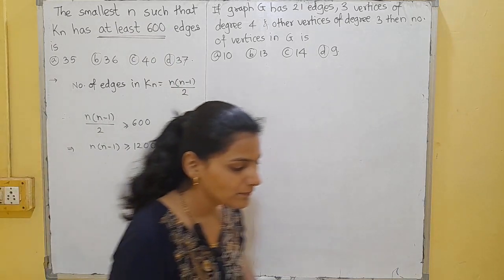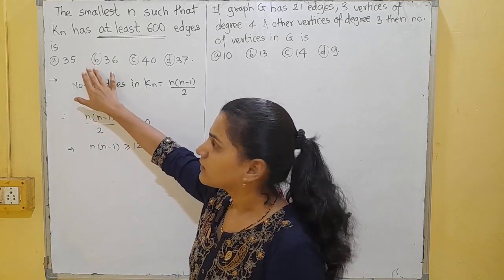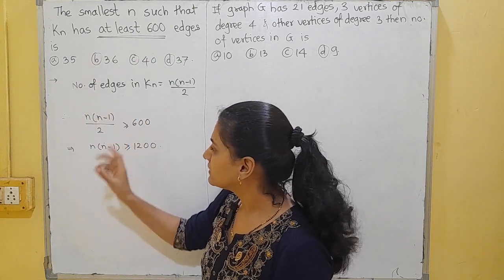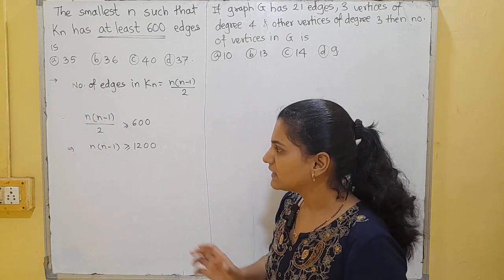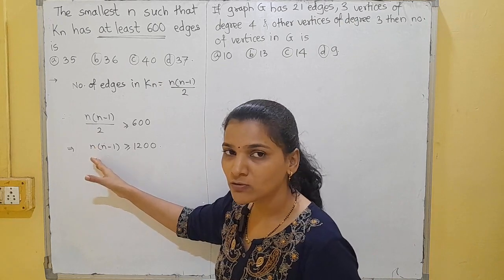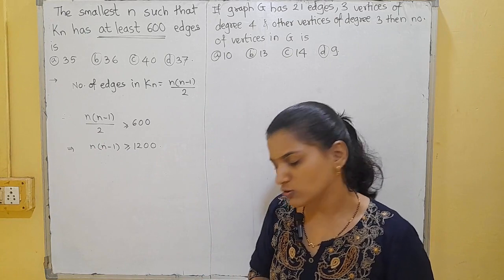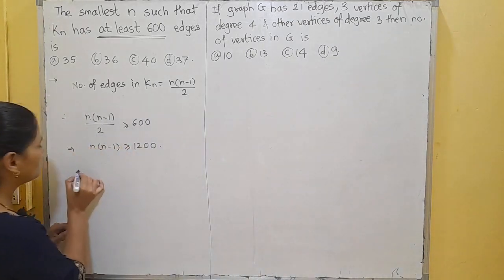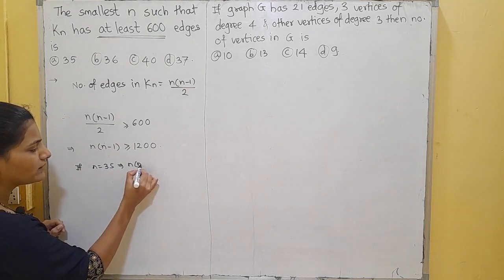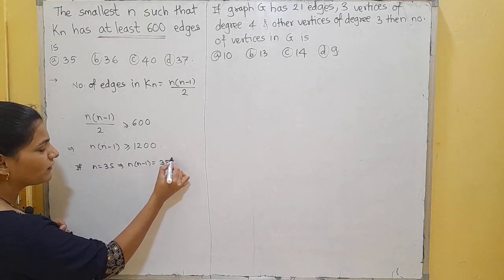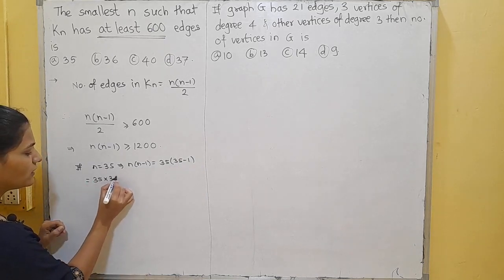Now we will solve this problem by using the given options. First I am substituting the value n = 35 and checking whether n into n minus 1 is greater than or equal to 1200 or not. So if n is equal to 35, then n into n minus 1 is 35 into 34.